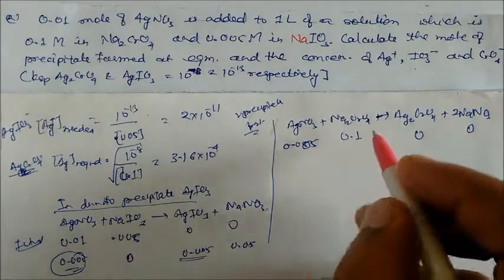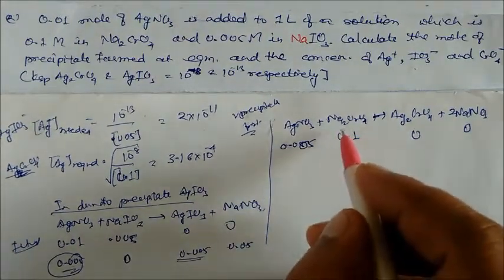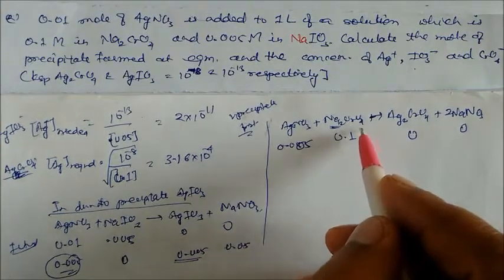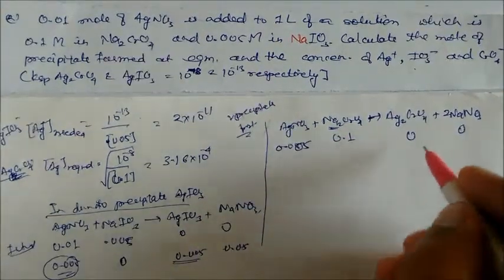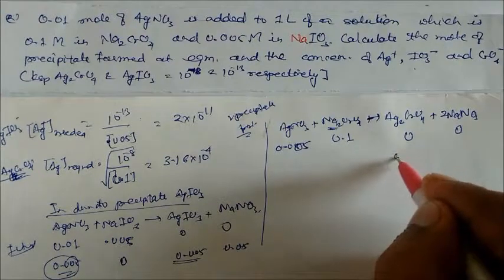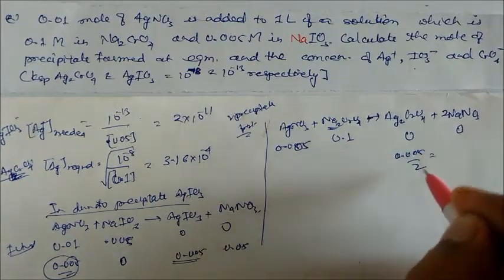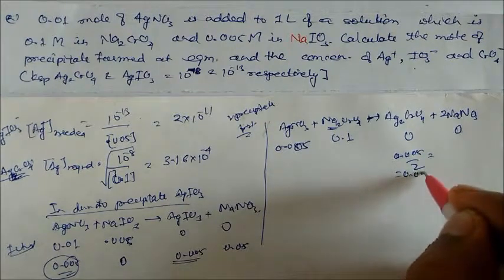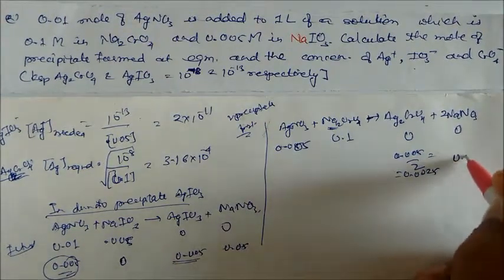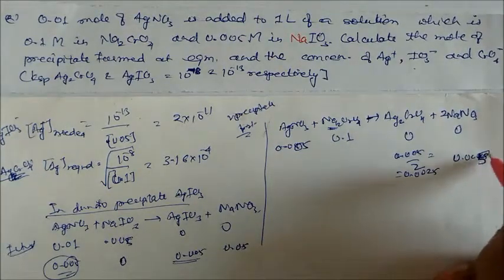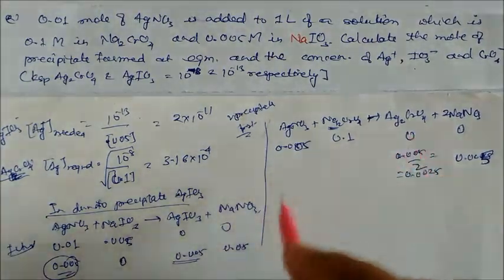Okay, here we require chromate, and already 2 is there, so we have to take half of the chromate. So half will be 0.005 by 2, that is nothing but 0.0025. This is the half.